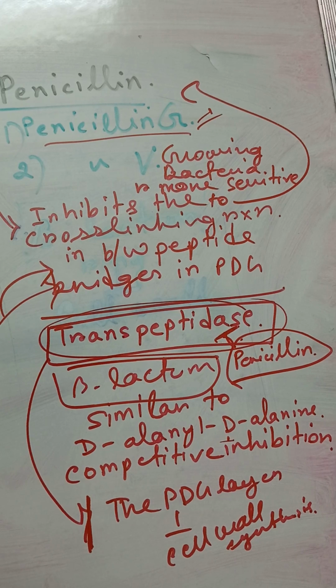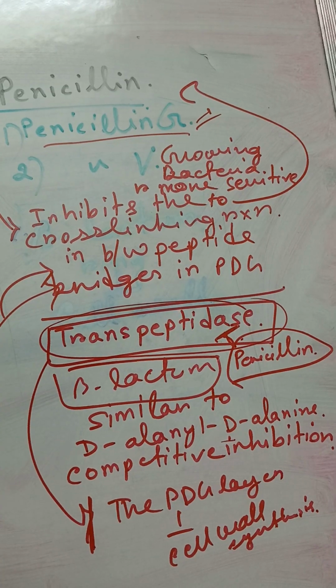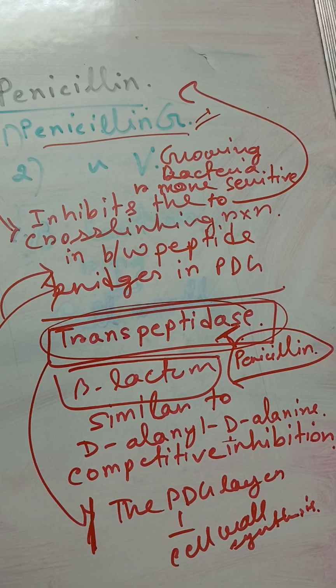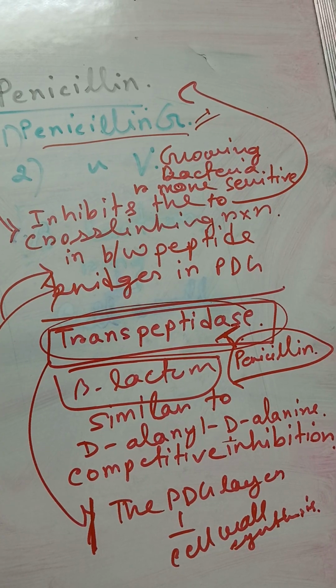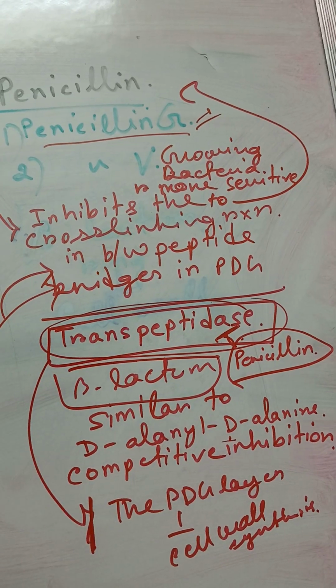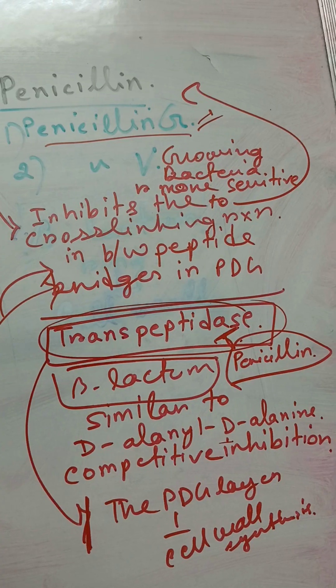Suppose you have cultured a bacteria, incubated it, and then you keep it in the fridge for storage or at -20. After 7 days you apply that antibiotic on the same plate, and this penicillin will not work on that old bacterial culture. It will definitely work on a growing bacterial culture. This is the explanation of this. So this is the mechanism or the mode of action of the penicillin.